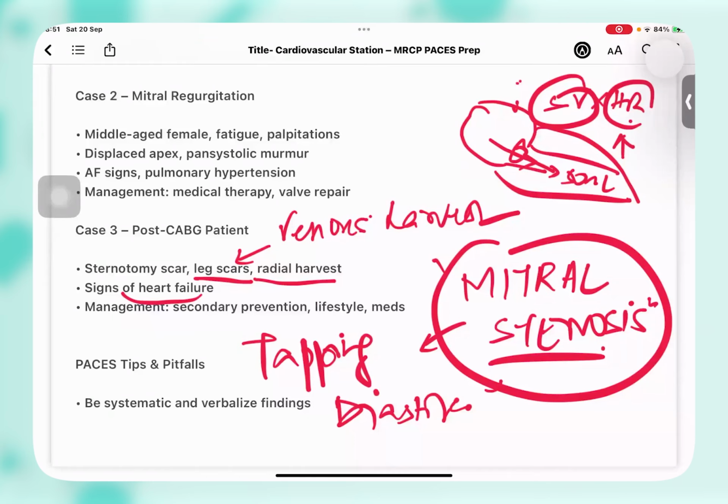Okay. So you just asked about pre-systolic accentuation. You need to define it first. So what is pre-systolic accentuation? Pre-systolic accentuation is the murmur just becoming loud before S1. And it can only happen whenever there is an atrial kick. You remember the cardiac cycle?